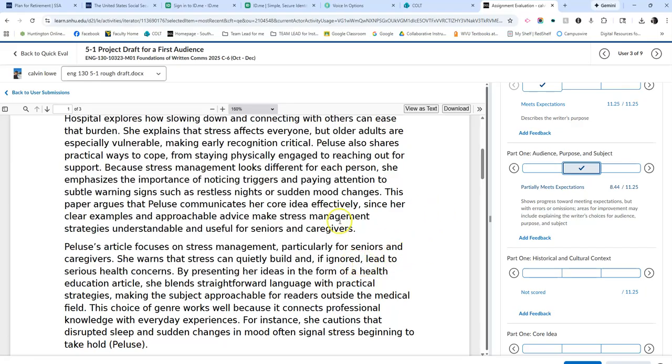Right? So her audience was seniors and caregivers, and let's say you decide your audience will be people in the medical field, medical service workers or something like that. And then your third audience would have to be somebody different, like maybe management in medical facilities or something like that.